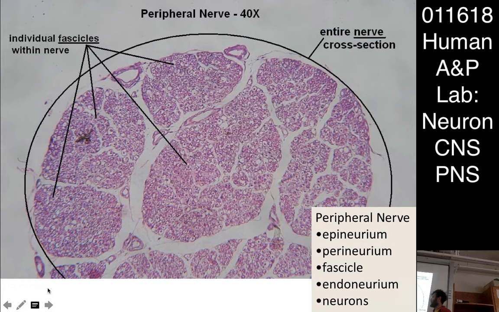A fascicle is surrounded by perineurium. It's another connective tissue layer. And then within an individual fascicle, each of the neurons is going to be surrounded by endoneurium. Does that make sense? So pretty straightforward transferable terminology from muscle to nerves.